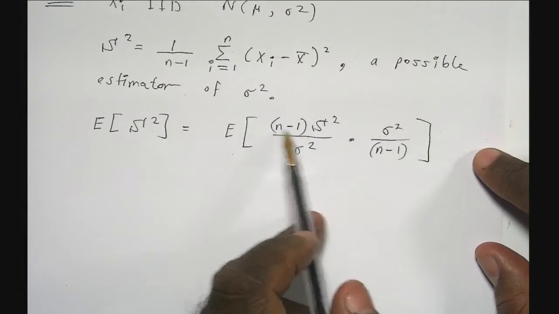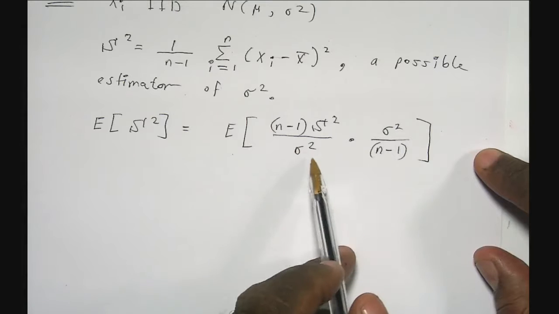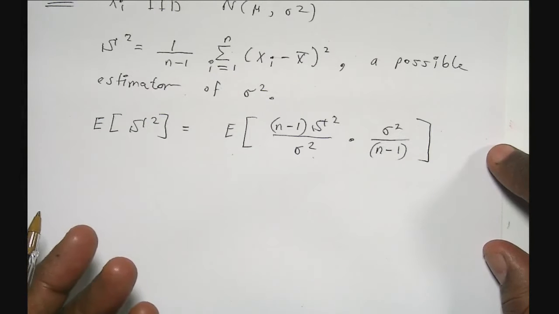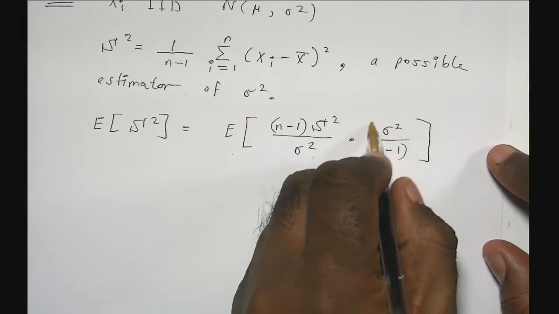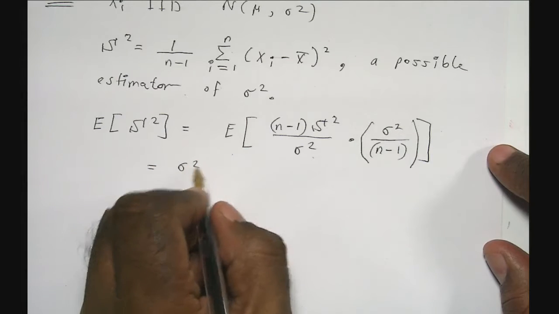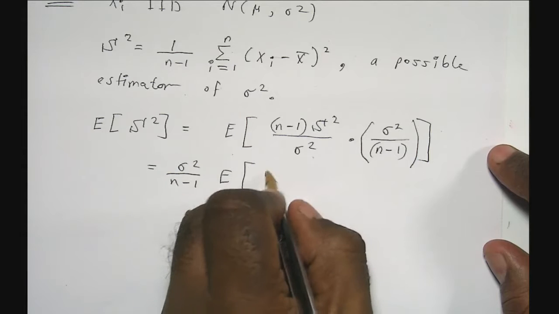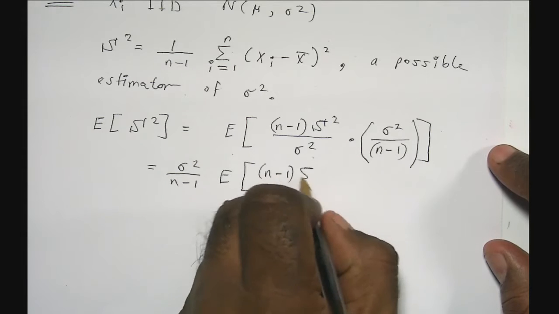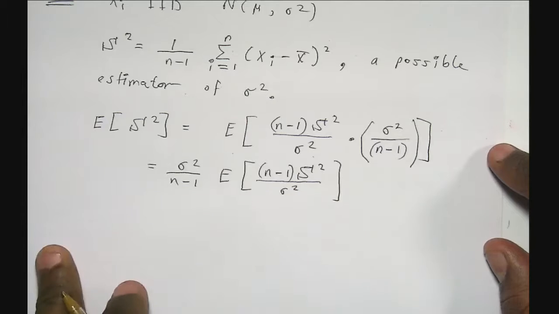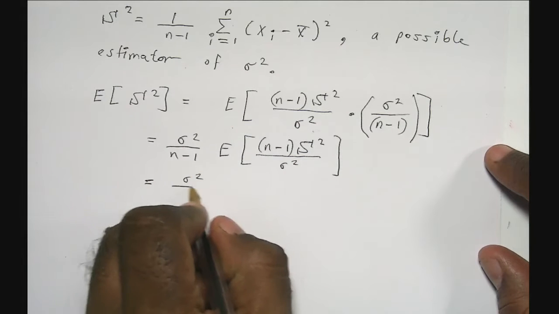I have multiplied by n minus 1 and divided by n minus 1, divided by sigma squared and multiplied by sigma squared. So I haven't changed anything. I'm going to pull this factor outside the expectation, and this is sigma squared over n minus 1.